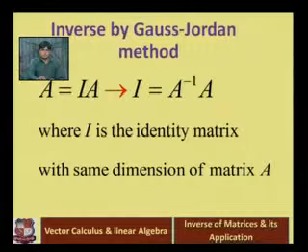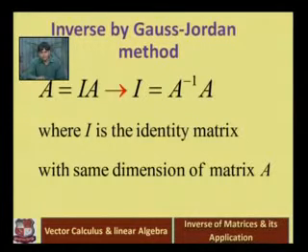In this method we write the equation A = IA from the given matrix, and convert the first matrix A into the identity matrix. The corresponding transformations done in the I matrix convert it into another matrix, and that matrix is the inverse of the matrix.